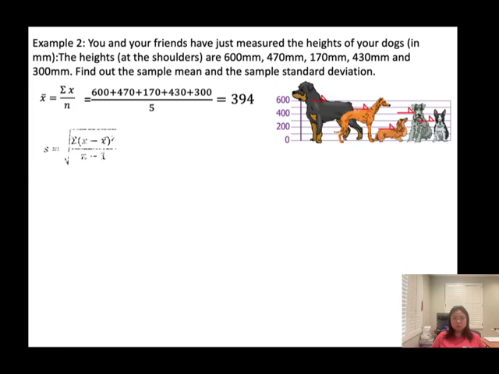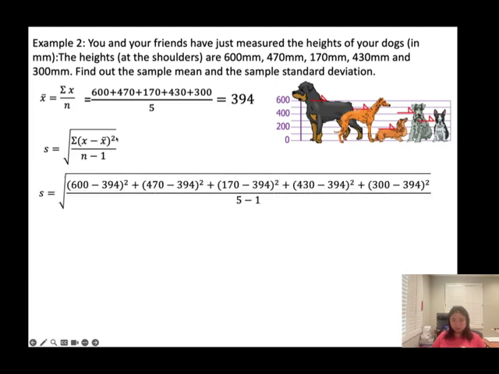Okay, now let's work on the standard deviation. So now you're going to plug in the data, the x, which is your data. So the first one will be 600 minus 394, squared, plus the second data, 470 minus 394 and then squared.